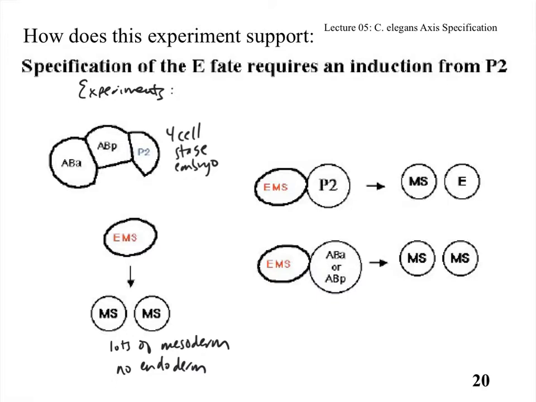Basically, this is what it is: the EMS cell receives some signal from P2 to produce the E cell fate.